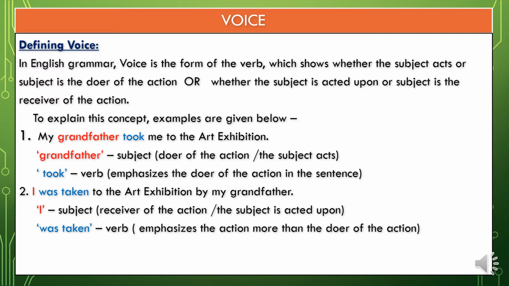What is the subject here? Grandfather is the subject. Then what is the verb in the sentence? Took. It is the past form of take. And what is the object in this sentence? That is me.